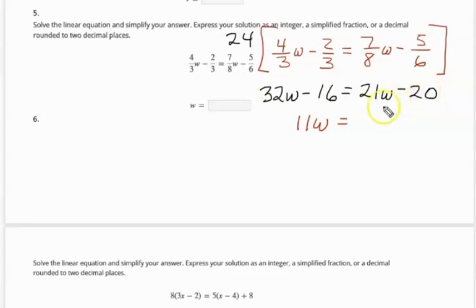It becomes a positive 16. So this will be a negative 4. Then you divide by the numerical coefficient, and you get W equals a negative 4/11.